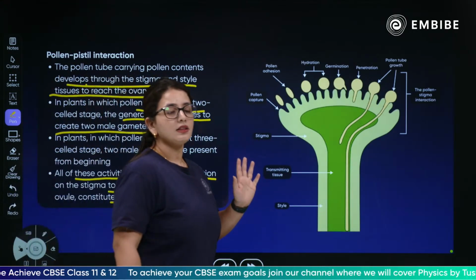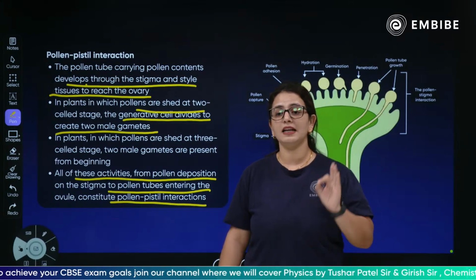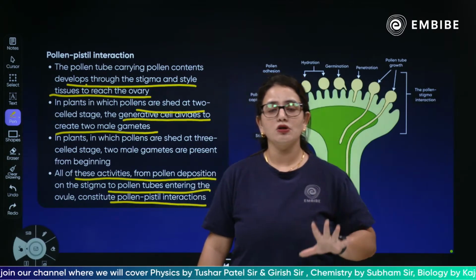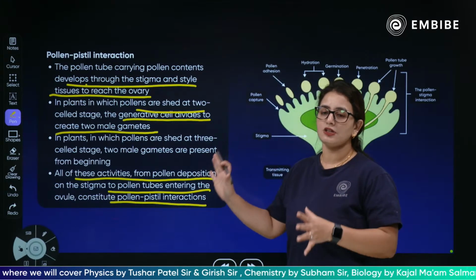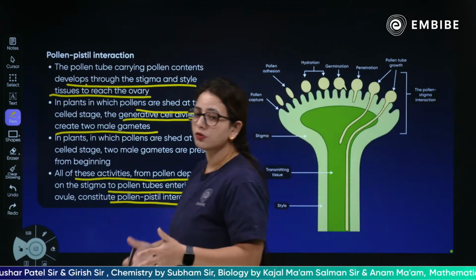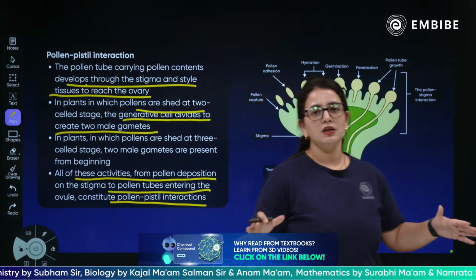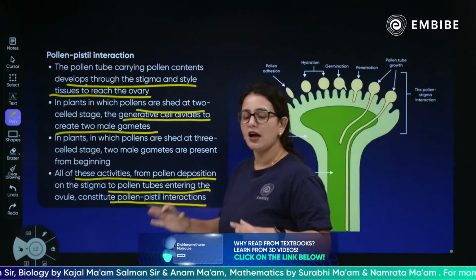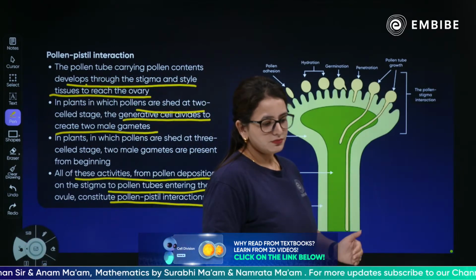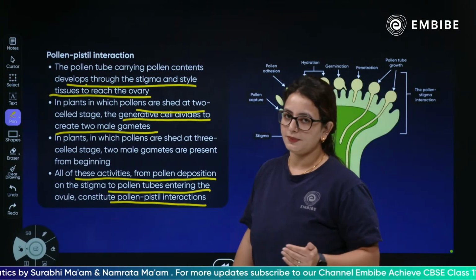So you can see how difficult it is for plants to have these fertilization events take place. Until and unless the pollen pistil interaction is successful, the post fertilization activities will not happen; we will not have fruits, we will not have seeds until a fertilization event takes place. Clear? The outbreeding devices, the pollen pistil interaction, I really hope this is clear.